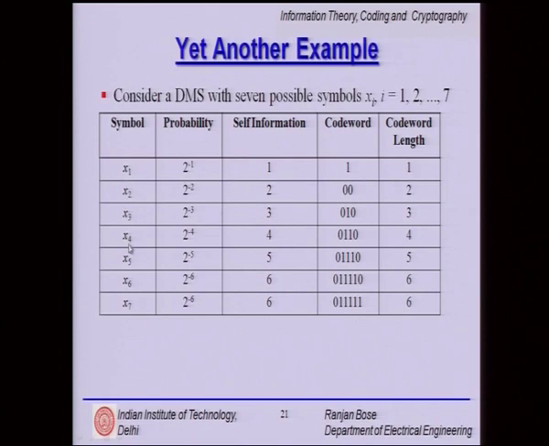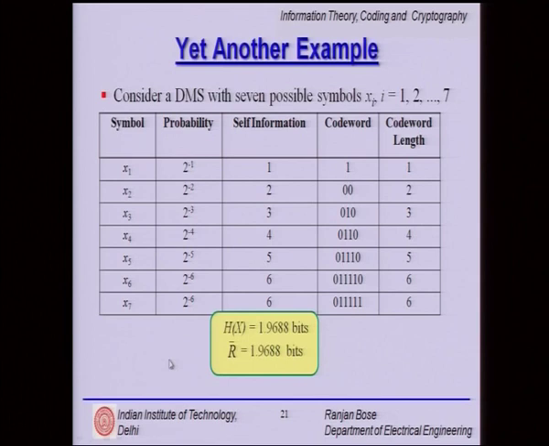So, x4 has the self information 4 and we have done justice to it, we have only allocated 4 bits. The rare event x7 has self information 6 bits and I have given it 6 bits. So, we have really done allocation optimally. Bits are resources. We have not over allocated or under allocated. We have matched it. So, what it means is this very unique distribution only allows us to do this.